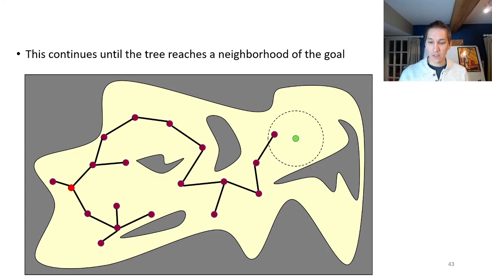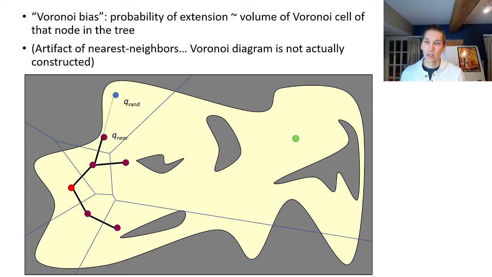So this sampling strategy that we're talking about here is also known as a Voronoi bias. The Voronoi diagram of a set of points is a partition of your space into all points which are closest to one of the points in your point set, in this case the set of milestones in the tree. So the probability of sampling a milestone in the tree for extension is proportional to the volume of its Voronoi cell.